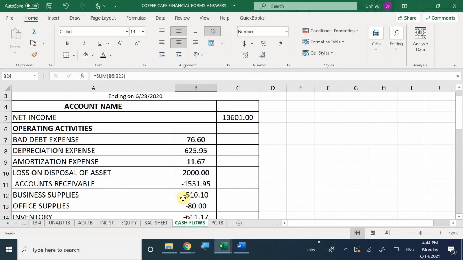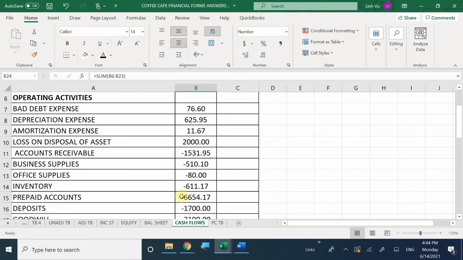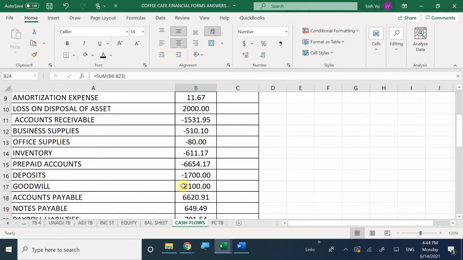Can you read them going down? Yeah. Okay. So first one is going to be bad debt for 76.60. Then I'm just gonna read the numbers. 625.95, 11.67, 2,000, negative 1531.95, negative 510.10, negative 80, negative 611.17, negative 6654.17, negative 17 for deposits.